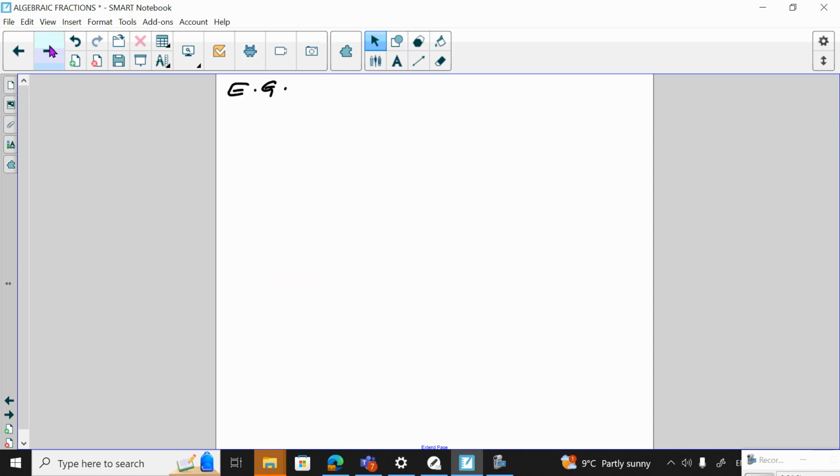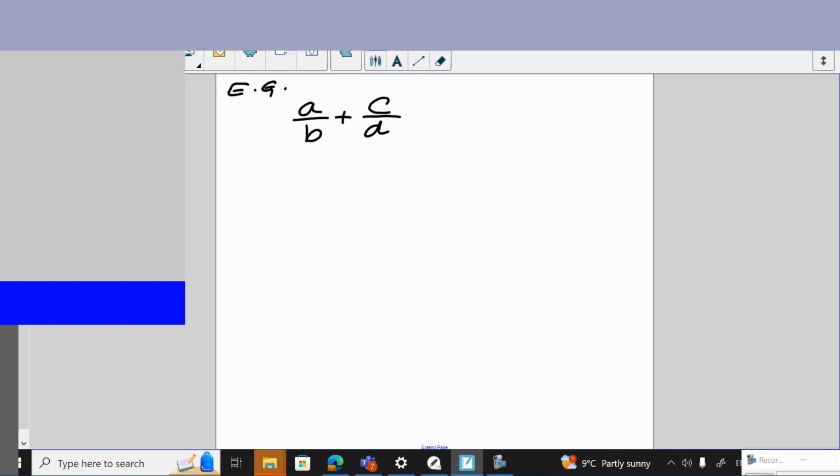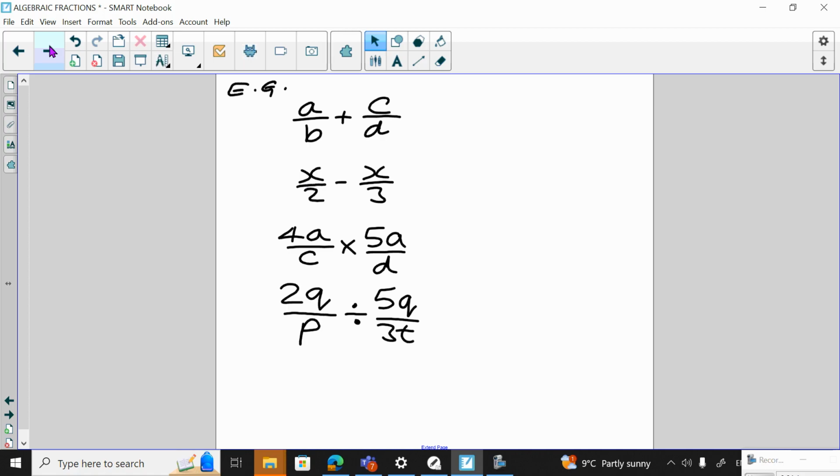So, as I said, for example, there could be that there, that there, that there. Please notice the middle sections between them. Add, subtract, multiply, divide. That's what I was just talking about. How do we come up with the results?